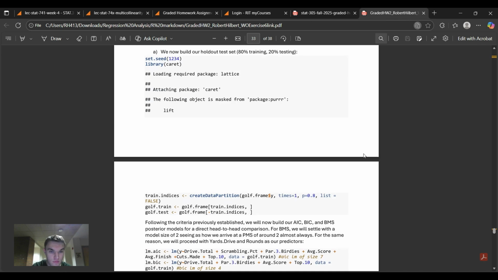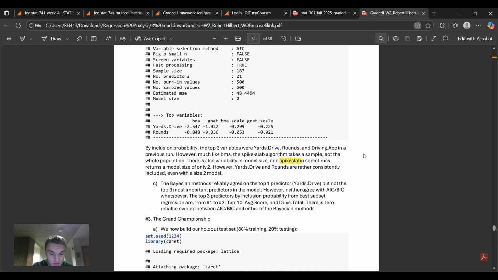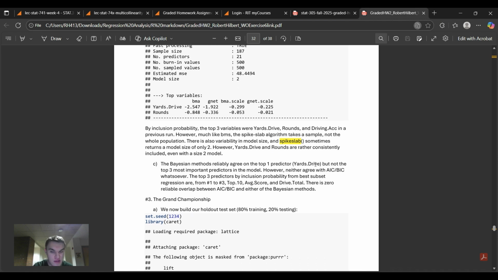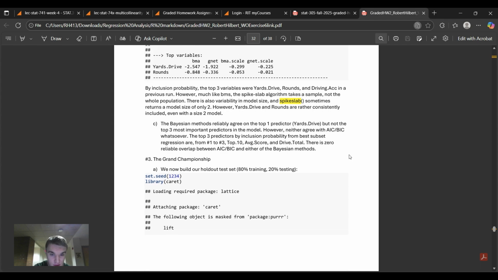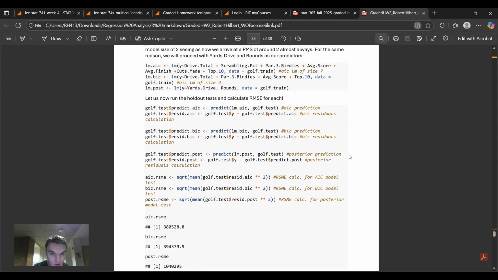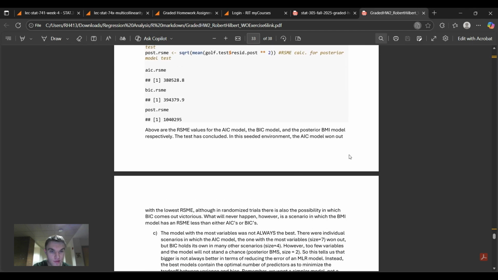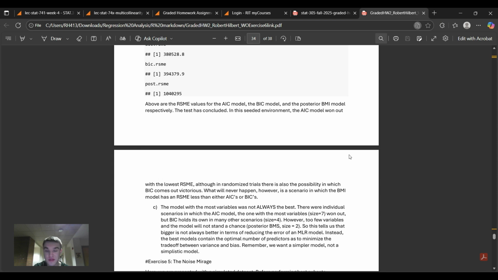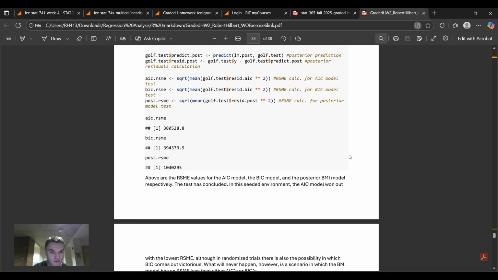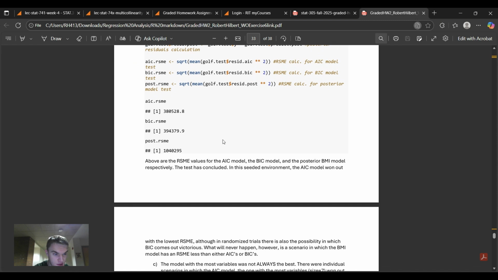And that also plays into why AIC actually won out in my model in the competition, because in most cases it was a toss up between AIC and BIC, and I didn't realize that the penalty of AIC versus the penalty of BIC still doesn't always account for the variance in certain cases.